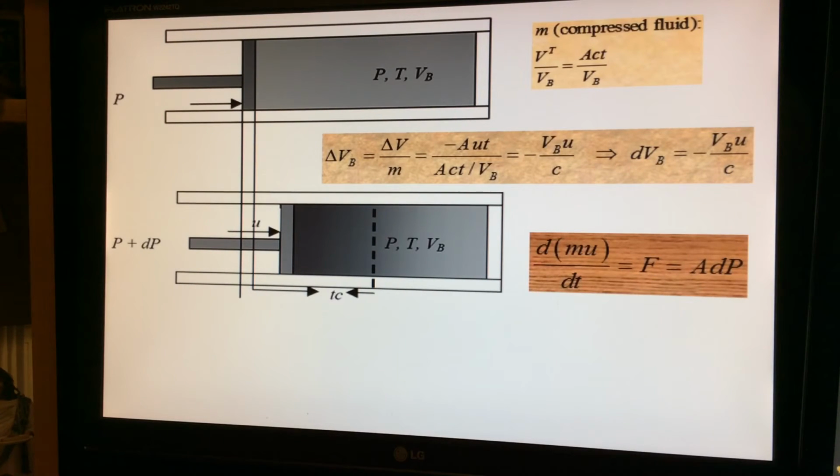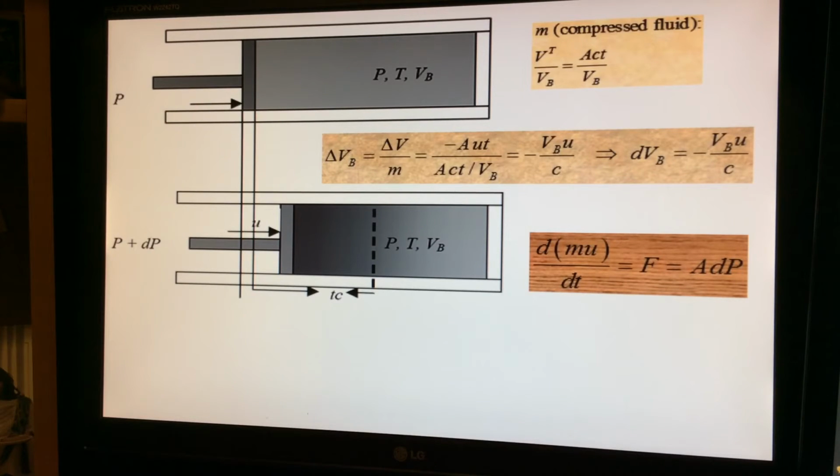Then we are looking at the rate of momentum change. The rate of momentum change is simply the time derivative of mass times velocity, which is u. The rate of momentum change is simply force, which is d(mu)/dt, and force equals area times pressure.